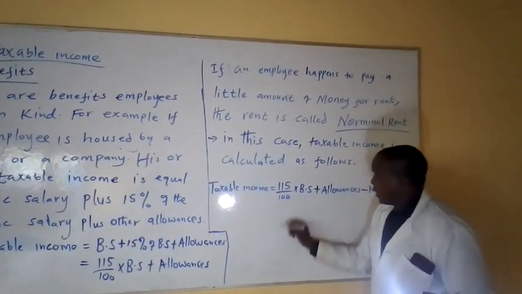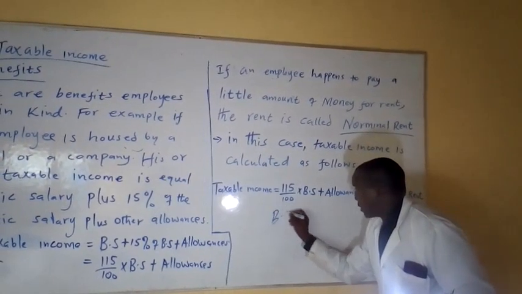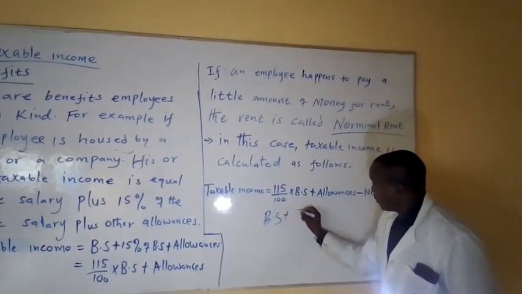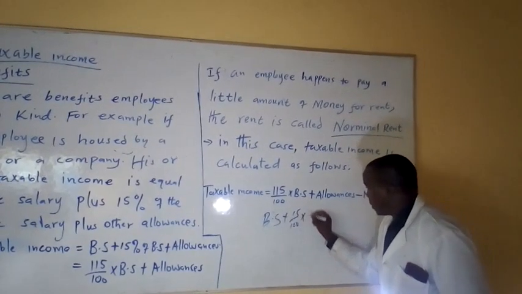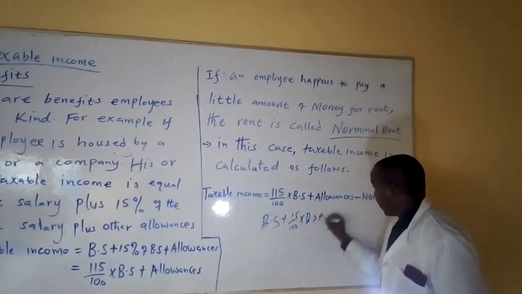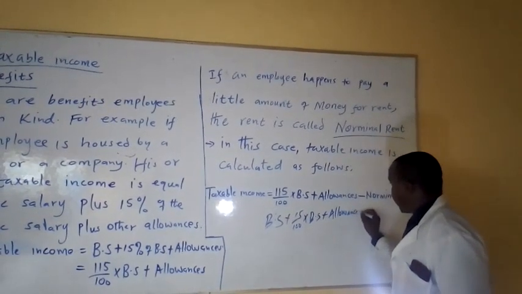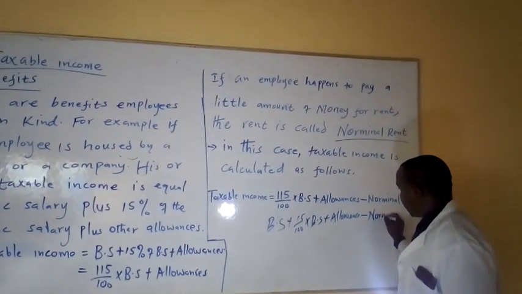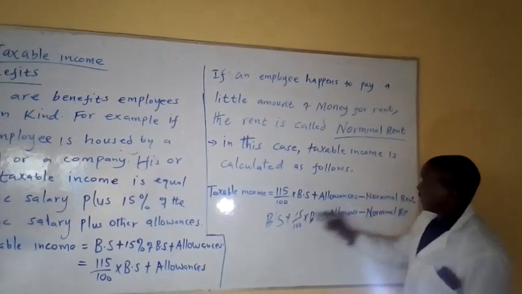Remember, 115 is simply 100, that is basic salary, plus 15 over 100 times basic salary, plus allowances, and then subtract what? Nominal rent. Therefore, what I've written here is simply this one.